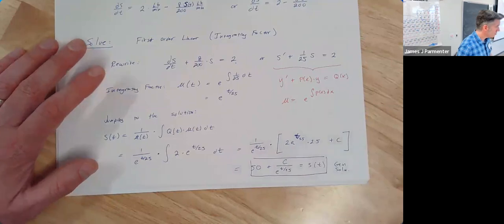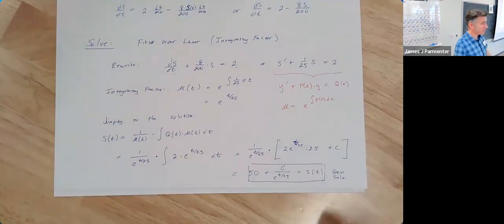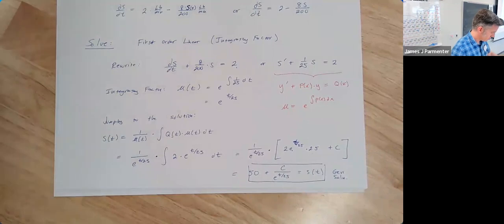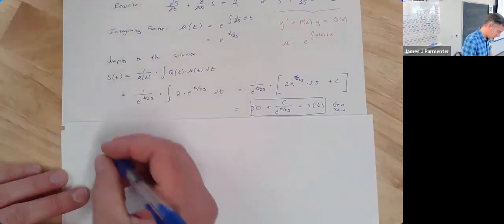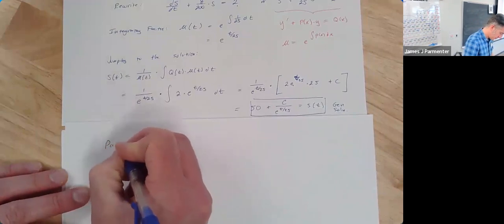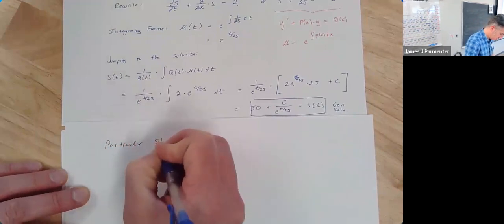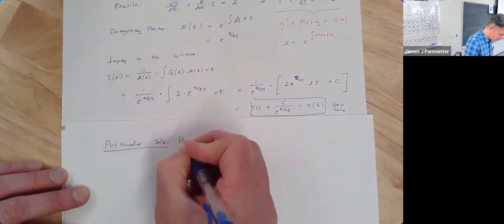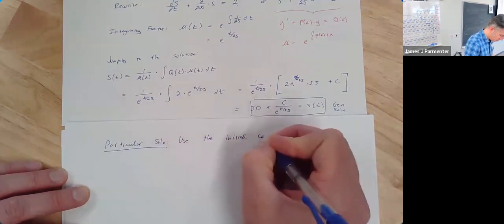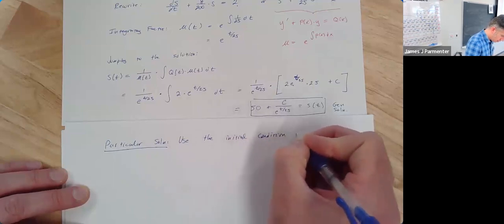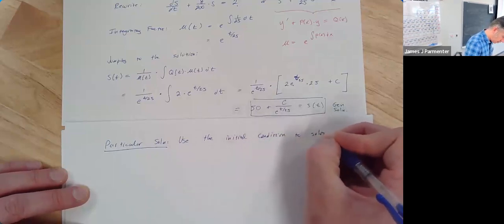Now we're not done because we were definitely given an initial condition. If we're trying to solve a differential equation and they gave us initial conditions, we should use that information as well. So for our particular solution, we're going to use the initial condition to solve for our constant.